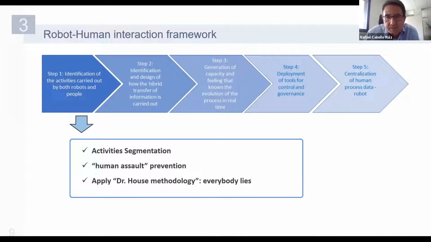In RPA projects, we use the Dr. House methodology. This is funny, but it's very practical. Everybody lies. You have to put confidence and validation on what everybody says about the process.